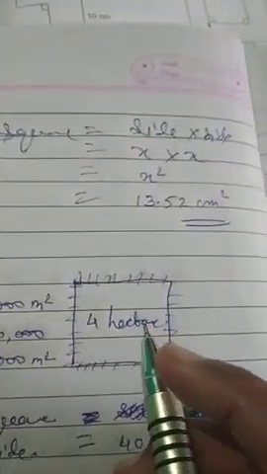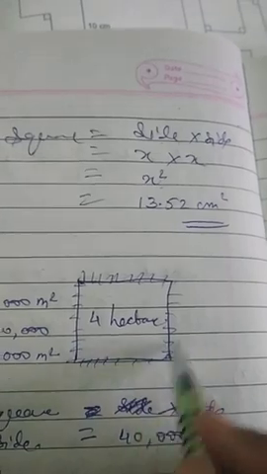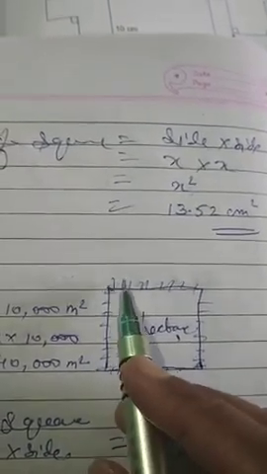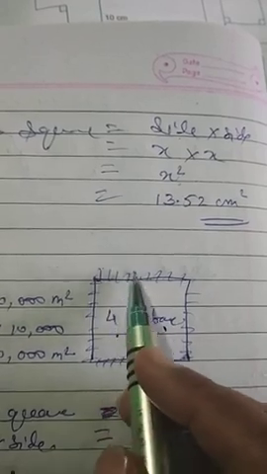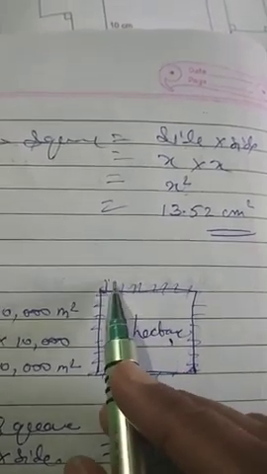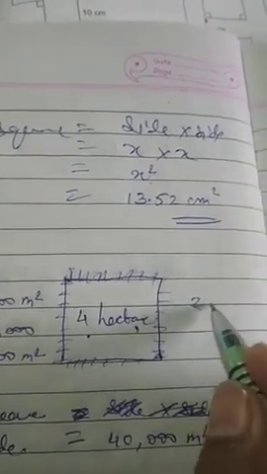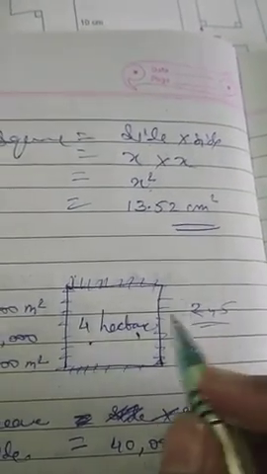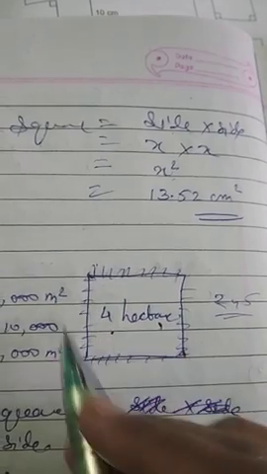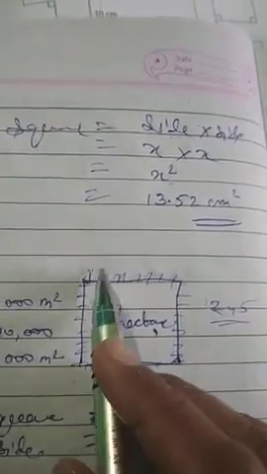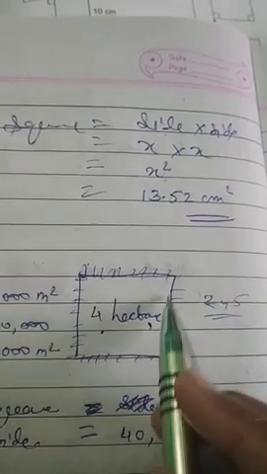Now it is given that area of the field is 4 hectare, but cost of putting the wire, suppose we are fencing this field, and cost per meter is rupees 45. Now what is the total cost of fencing this full complete field? So first of all we need to find its perimeter.